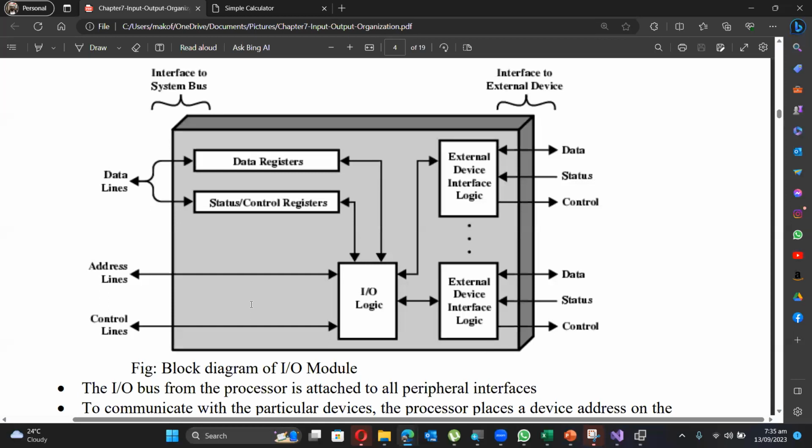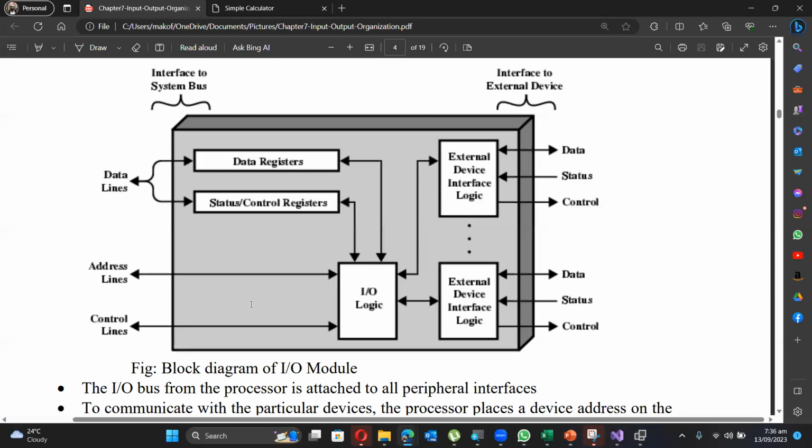We have the external device interface, which it uses to connect to the external devices. We have the I/O logic that it uses to control the bus lines and the address lines, and so on and so forth. So it has all the tools it needs to connect to the computer and do the job it is supposed to do.